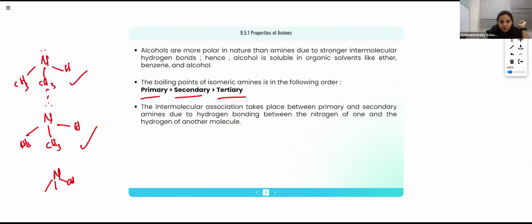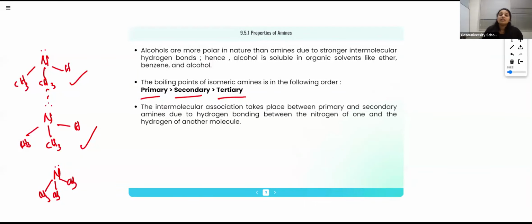Then what is happening in tertiary? Tertiary means all three groups are alkyl groups. What will happen? There are no hydrogen atoms available for making hydrogen bonds. Hydrogen bonding is the intermolecular interaction between these amines, and compared to other intermolecular interactions, hydrogen bonding is stronger.